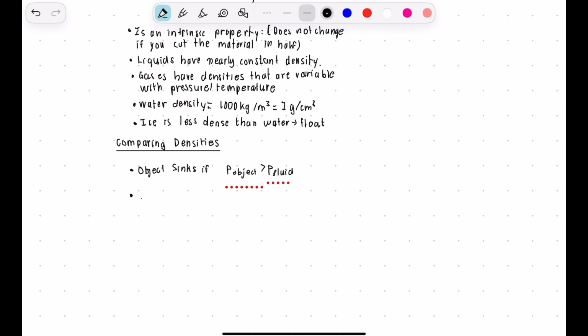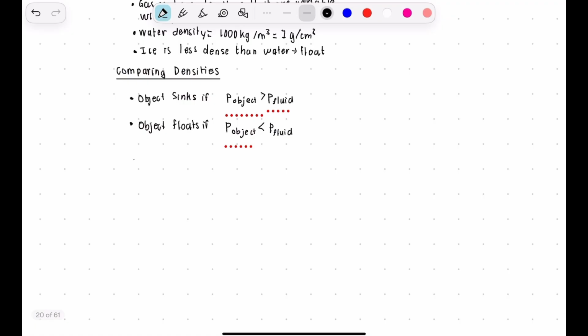You should also know that the object floats if the density of the object is less than the density of the fluid.